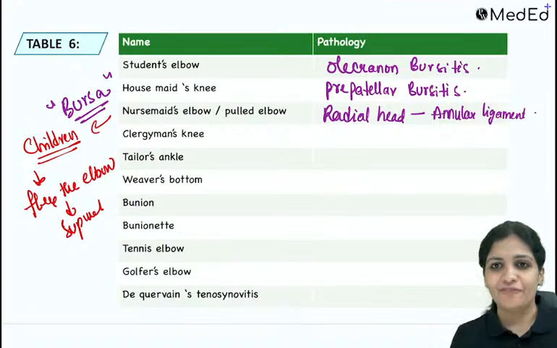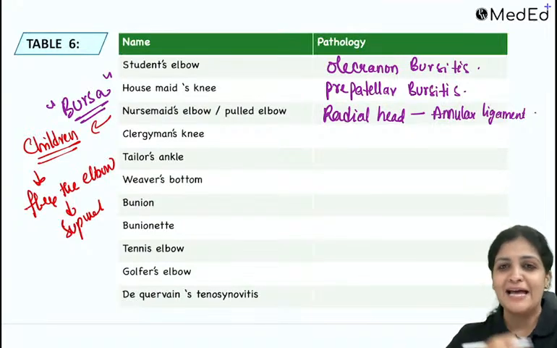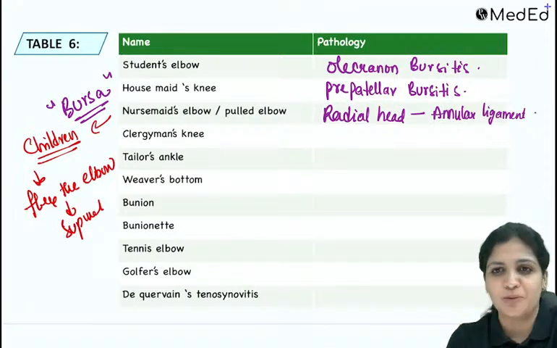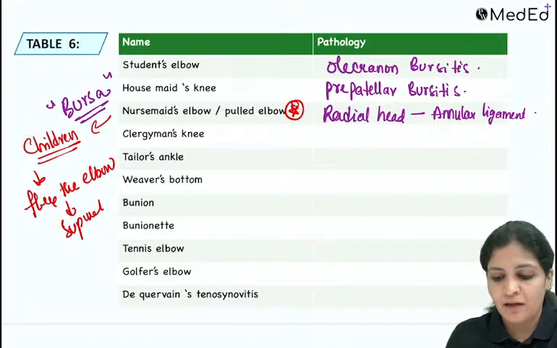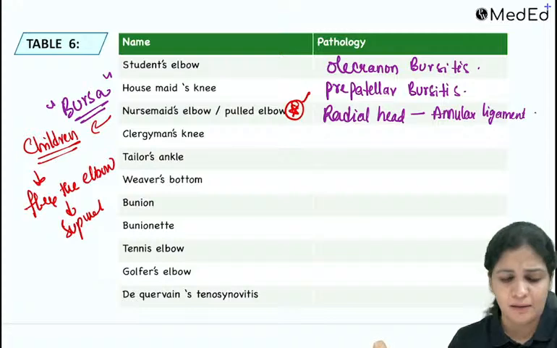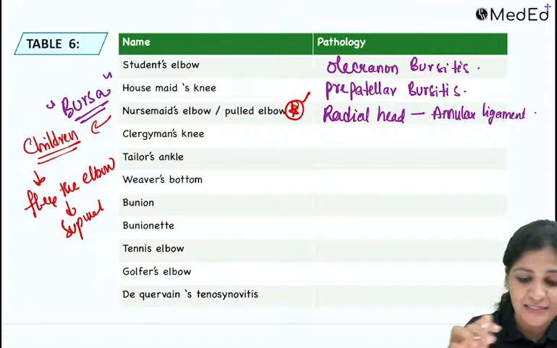This is a very gratifying and very satisfying procedure we can do in the OPD, because as immediately as you do this maneuver, the child stops crying and starts laughing just like that, as a magic. This is what pediatric surgeons experience, the nursemaid's elbow or the pulled elbow, right?